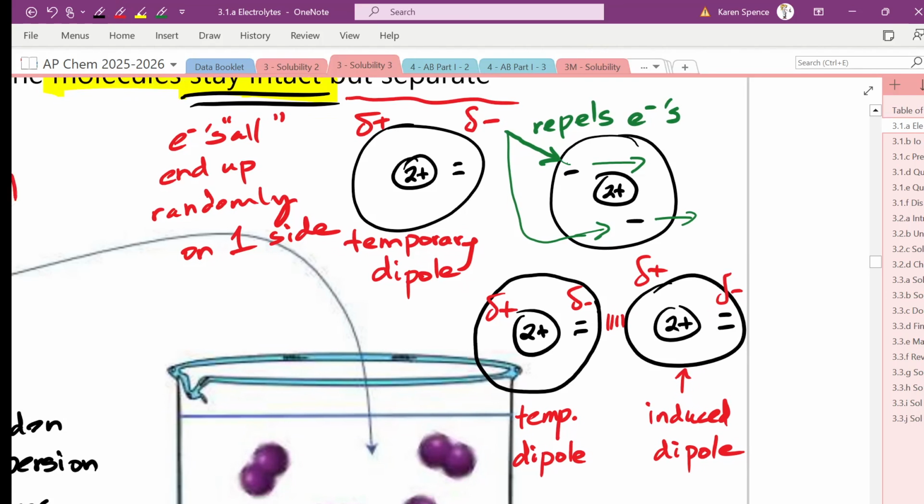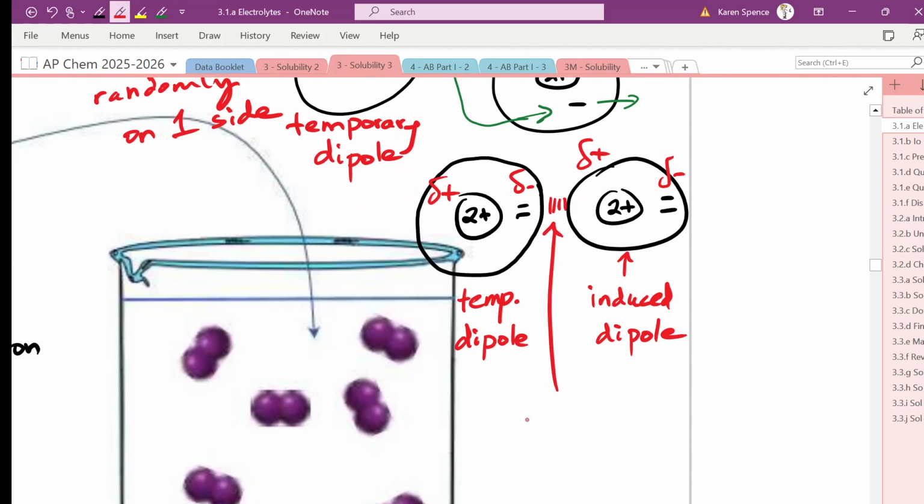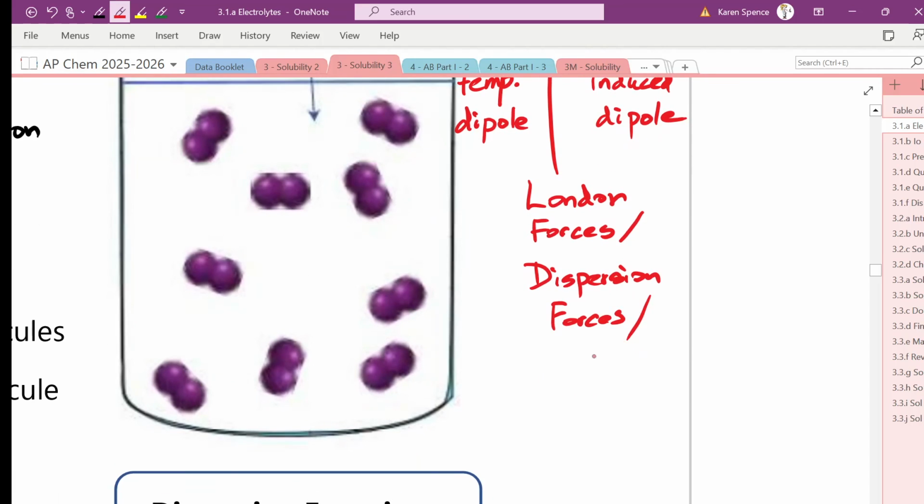And that attractive force between the temporary dipole and the induced dipole, those are the London dispersion forces, also known as London forces, also known as dispersion forces, also known as London dispersion forces, or LDFs.